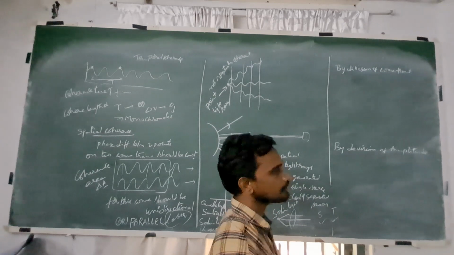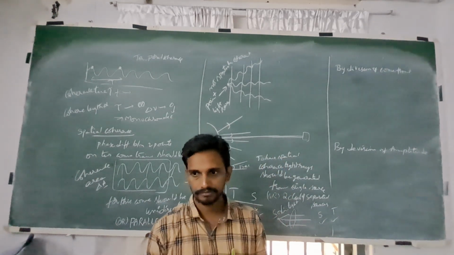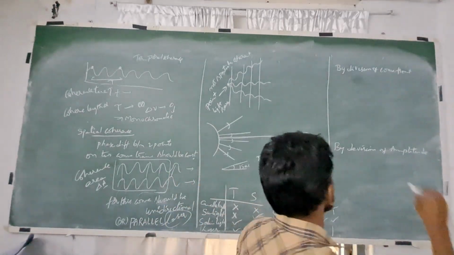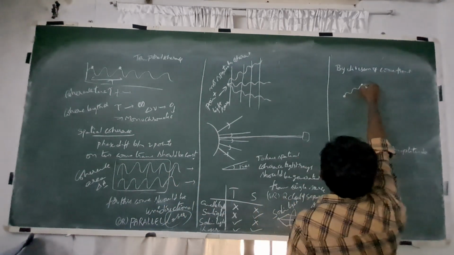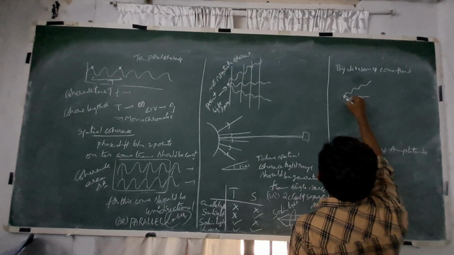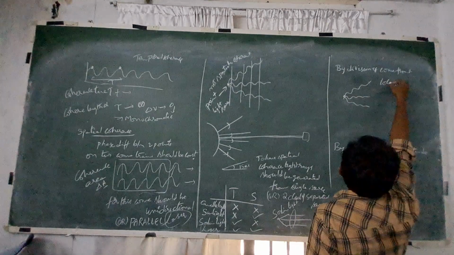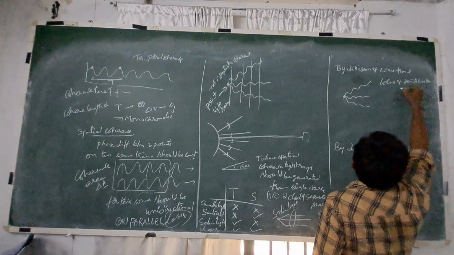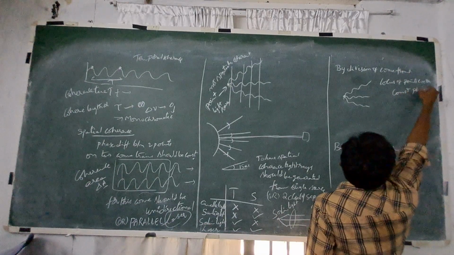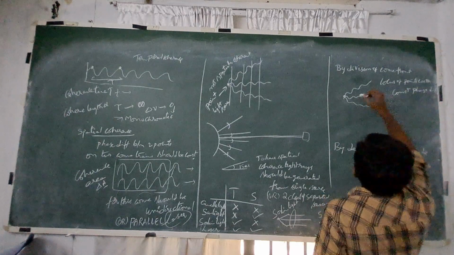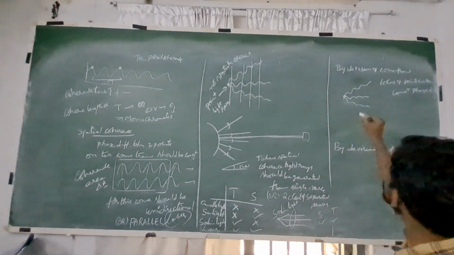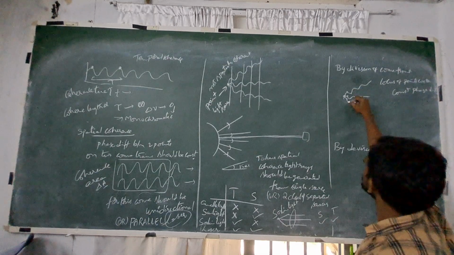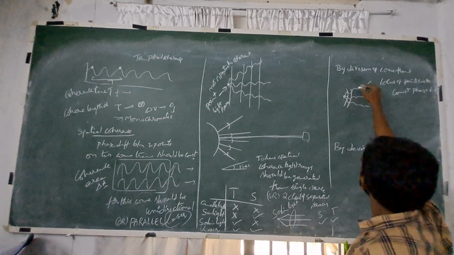So what is a wavefront? A wavefront is a locus of points with constant phase, or constant phase difference. So if we connect all the peaks, or all the crests, we get a wavefront.